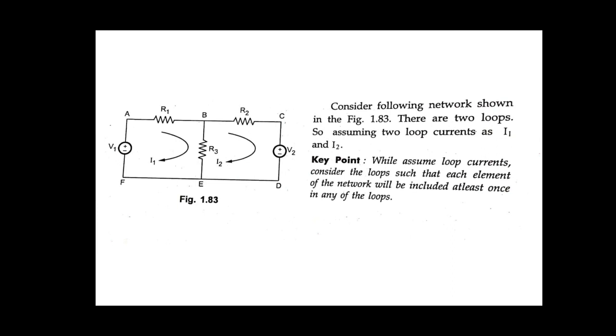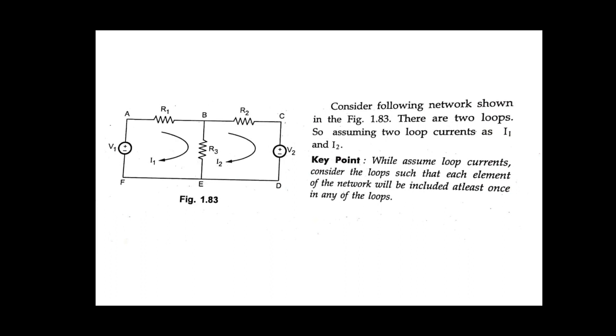The important key point is that while assuming the loop currents, we have to consider loops such that each element of the network is included at least once in any of the loops. Every element of the network should be covered by one of the loops.